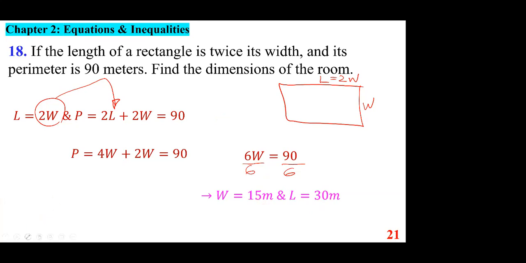Remember, the perimeter formula is also the same as this one, and in this case, it might be easier to go with this. Add them up, 45 times 2, do we get 90? If we do, we are done, because that's how we check. It's good practice to always check.